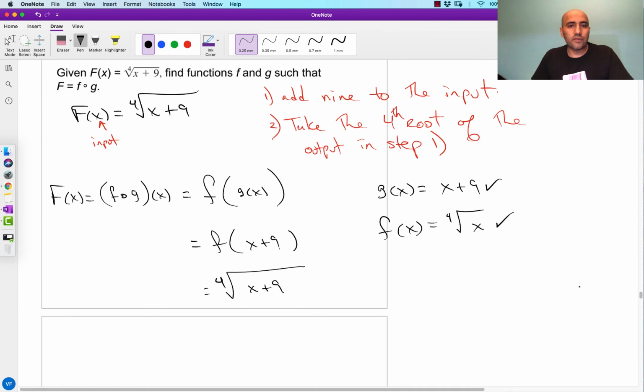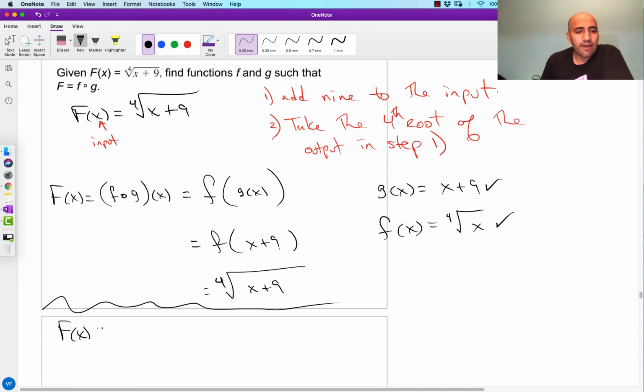We can also look at it a slightly different way. Capital F of x is equal to f composed with g evaluated at x, which is f evaluated at g of x. How about if we break it up? We have to do two steps, add 9 and then take the fourth root, but we can do it in pieces.